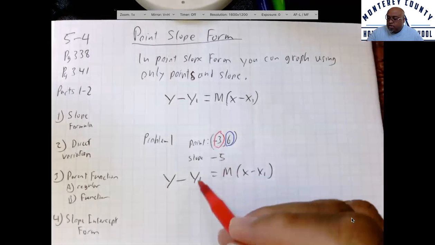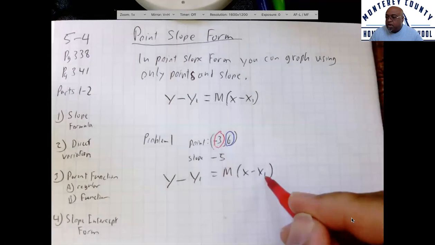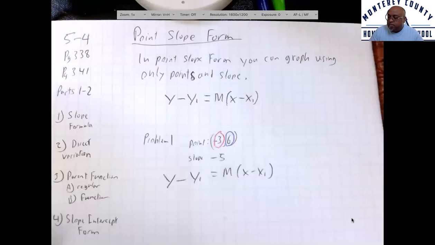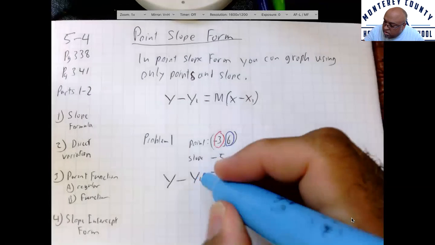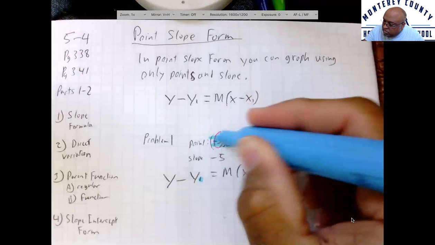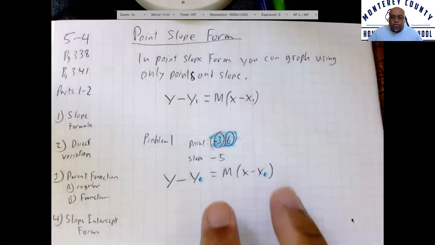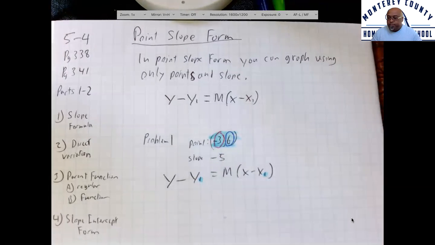Now, when I say y sub 1 and x sub 1, the sub 1 means we're talking about the exact same point. Okay? So that's all that means. If it was a y sub 2 and x sub 2, then it would mean a different point.